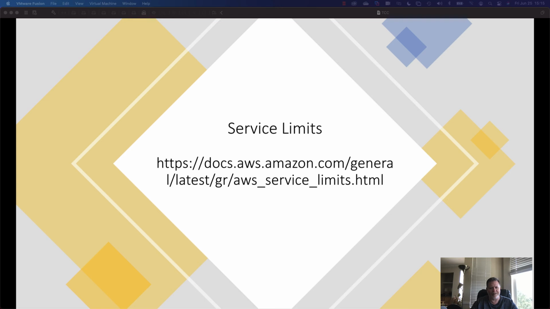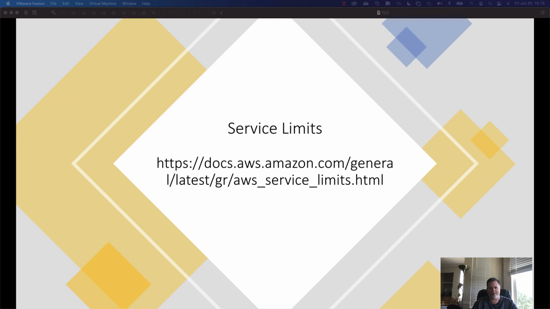There are hard limits, and you can find the complete up-to-date list of service limits on the AWS documentation page, docs.aws.amazon.com general latest gr AWS service limits.